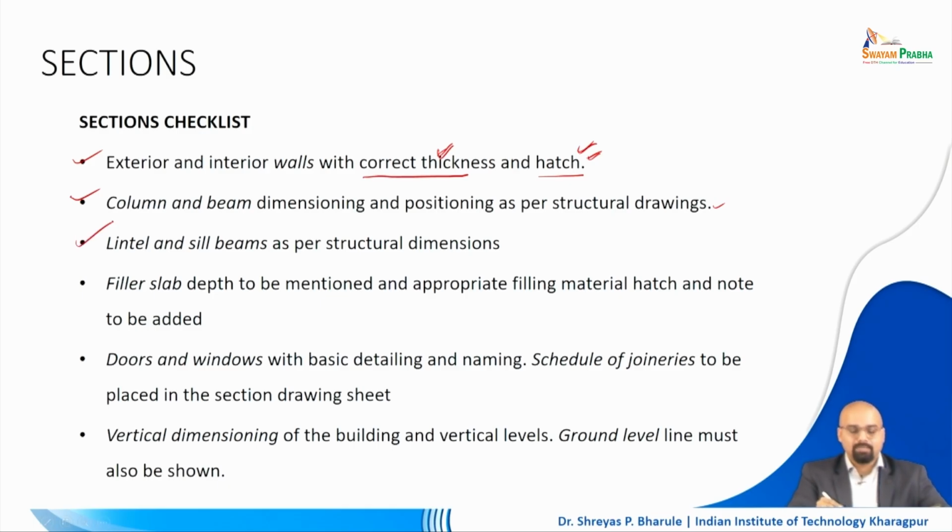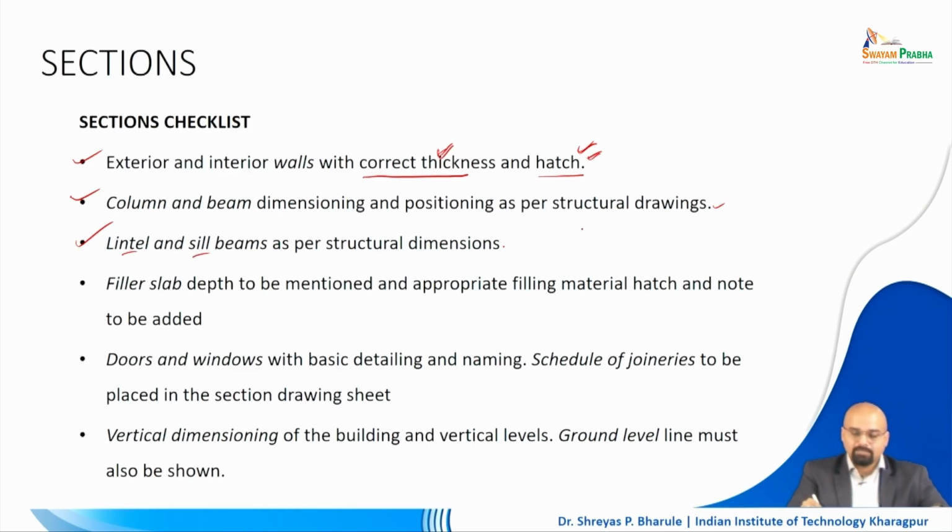Next, you have lintel and sill level beams, right. These are also to be mentioned and the dimensions are to be put in place, right. As we mentioned in the earlier slide, the section needs to pass through the window. When it passes through the window, the lintel and the sill will be visible, right.